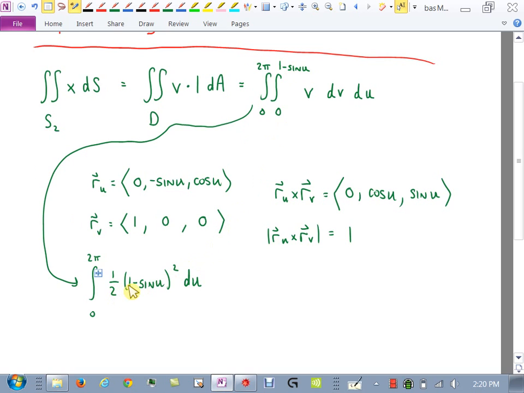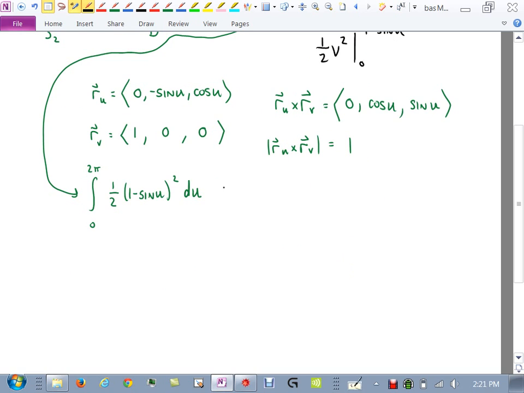Look, the antiderivative of that was 1/2 v squared, right? And I'm evaluating from 0 to 1 minus sine u. When I plug this in here, I get this. When I plug 0 in here, I get 0.